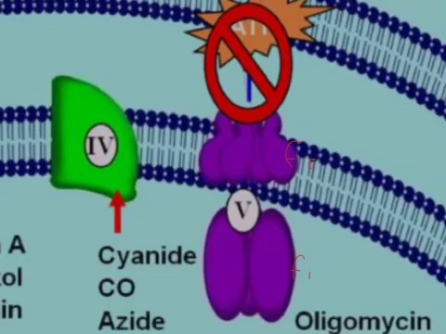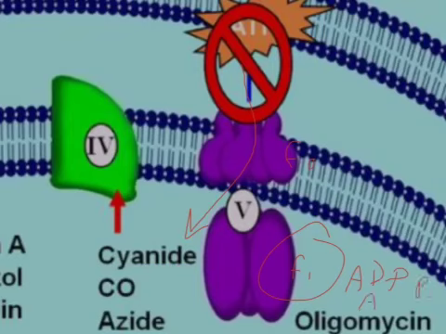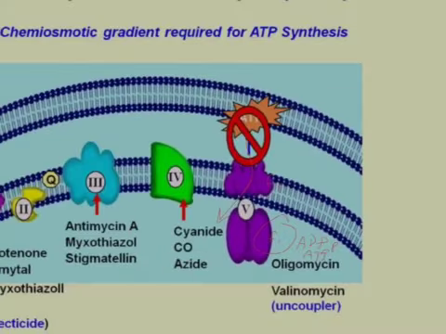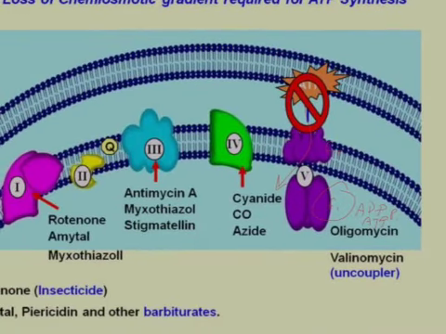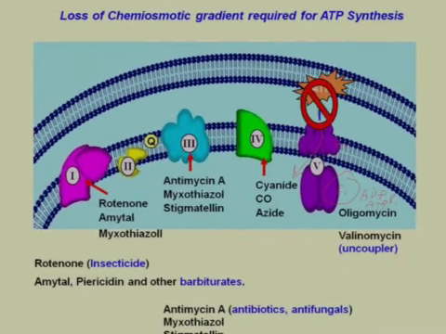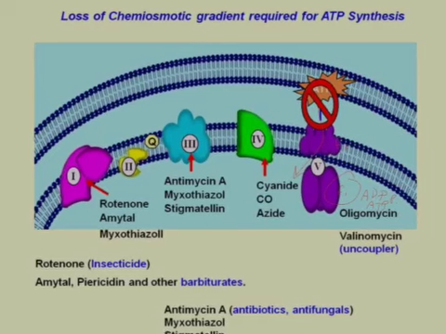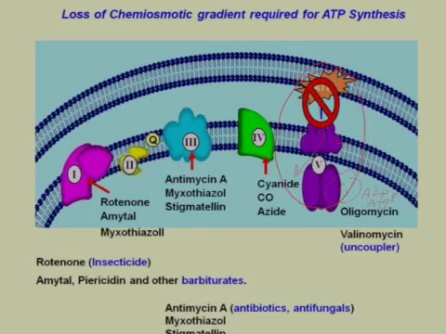The F0 subunit is what allows the flow of protons through, and the F1 subunit has the catalytic activity that turns ADP and inorganic phosphate into ATP. Anything that would inhibit either of those activities would cause proton leakage, and specifically, since we're talking about the synthase, we'd be talking about proton leakage.